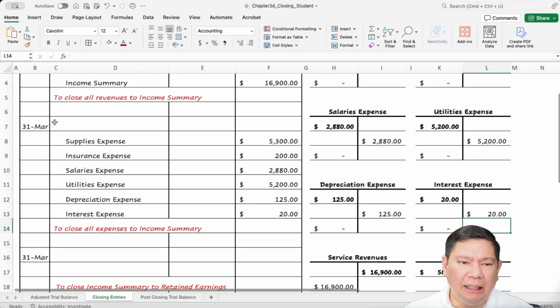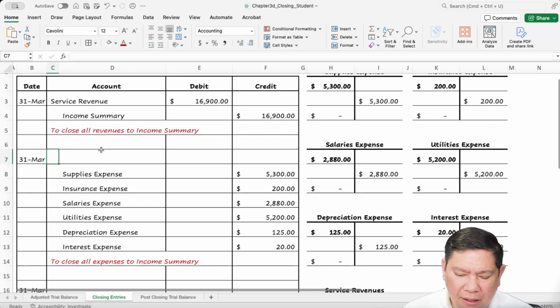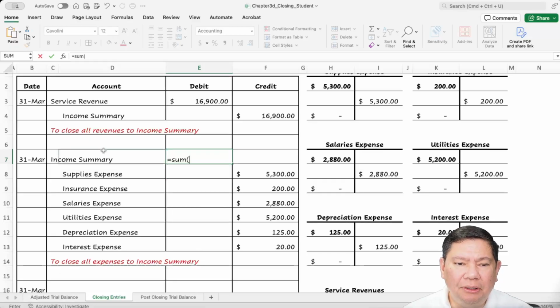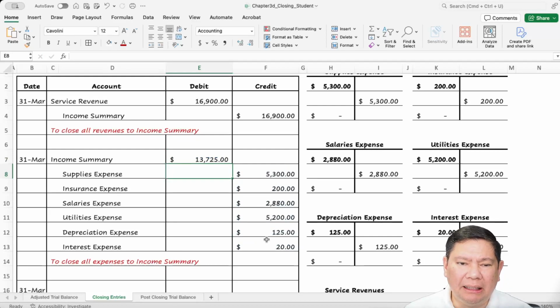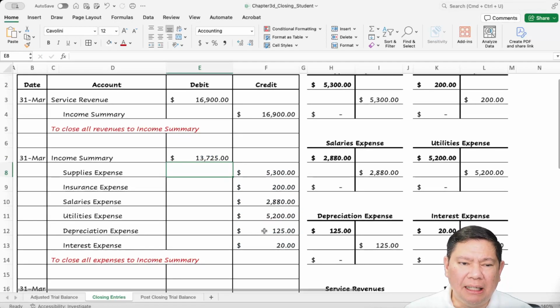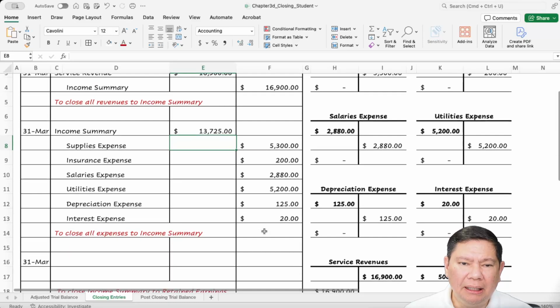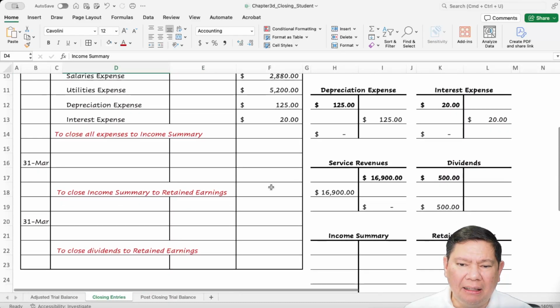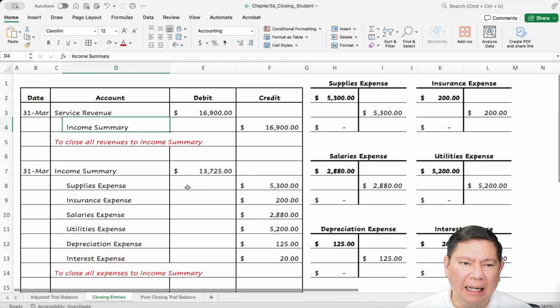So the total will be closed to the income summary. If you use your calculator for all these expenses, it will show 13,725.